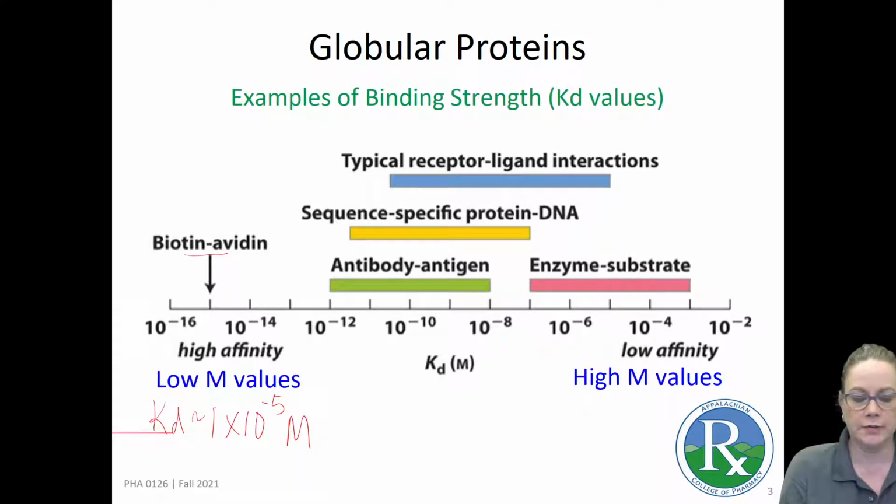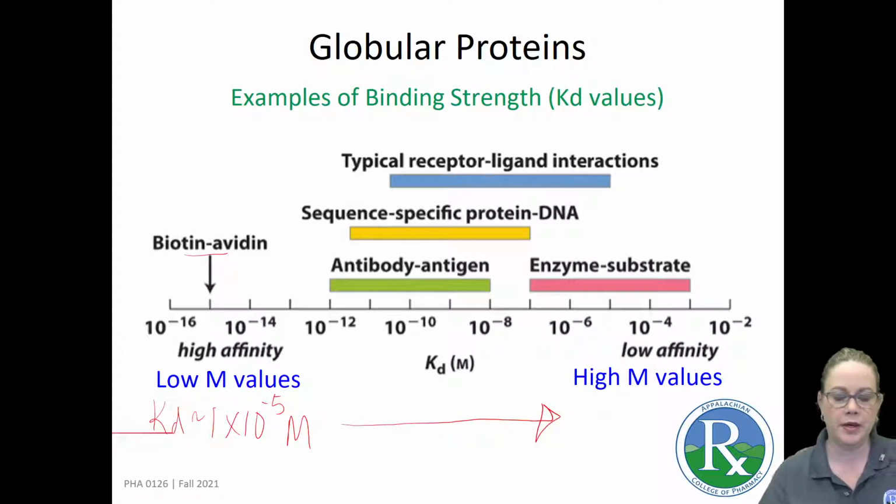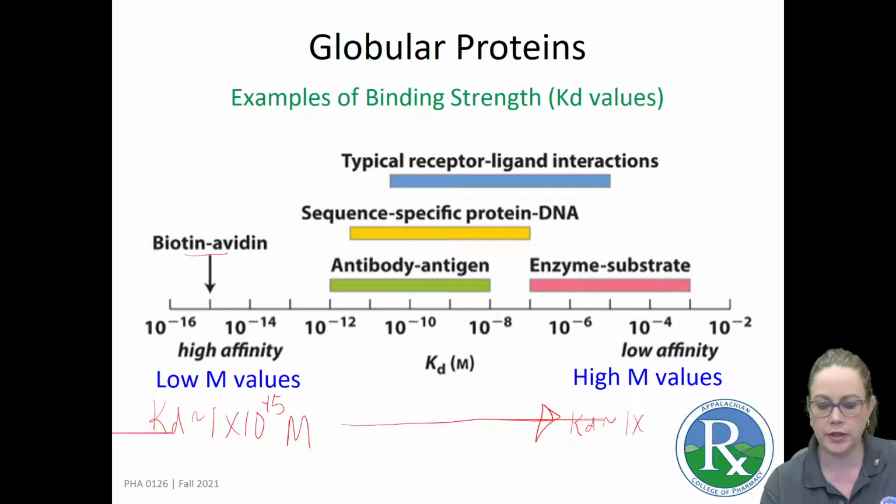So that's high affinity. As we increase the value of the Kd, going from that 1 times 10 to the minus 15 to a Kd of about, we'll say, 1 times 10 to the minus 3 molar. That's a very large value, which means we have low affinity. So those are going to be inversely related.